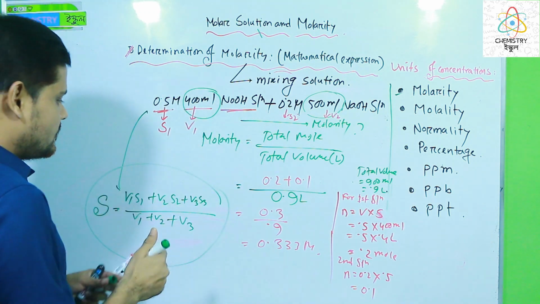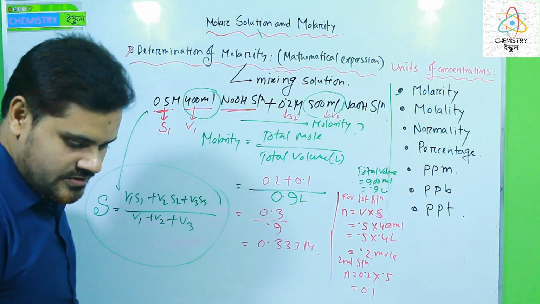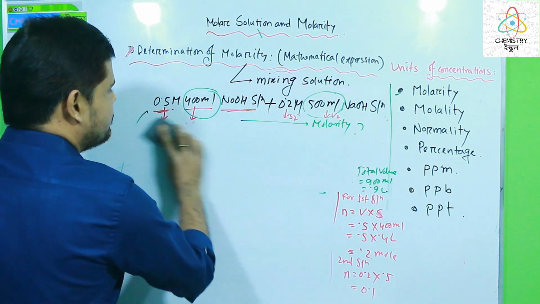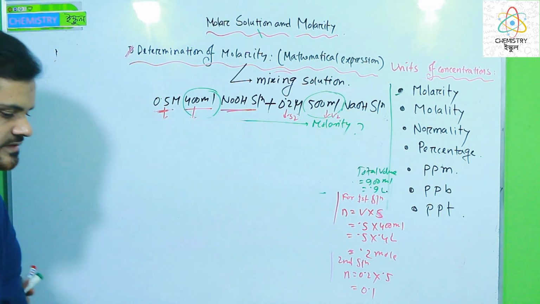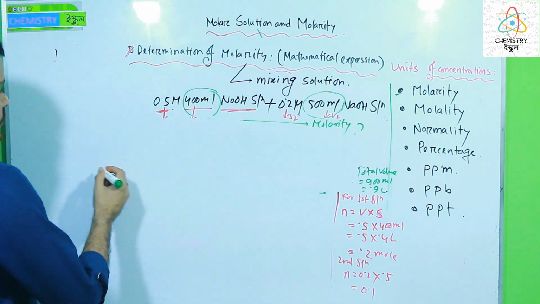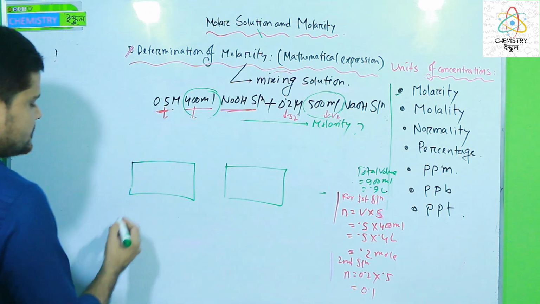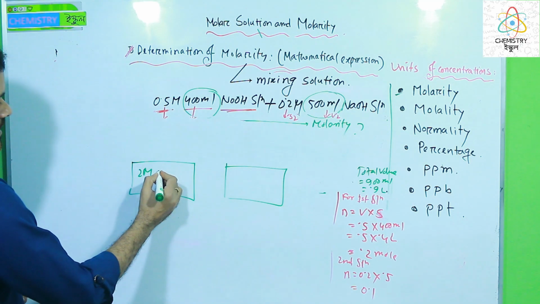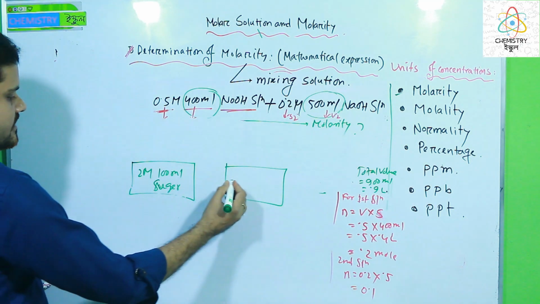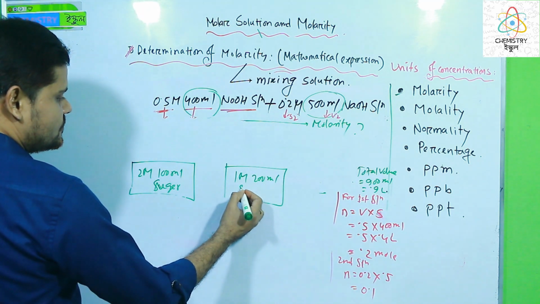Okay, that's all, dear learners, today. And you have homework for your better understanding. By solving this, please comment in the comment box. Your homework is here. This is a container. This is another container. This container contains 2 molar, 100 milliliters of sugar solution, and this container contains 1 molar, 200 milliliters of sugar solution.